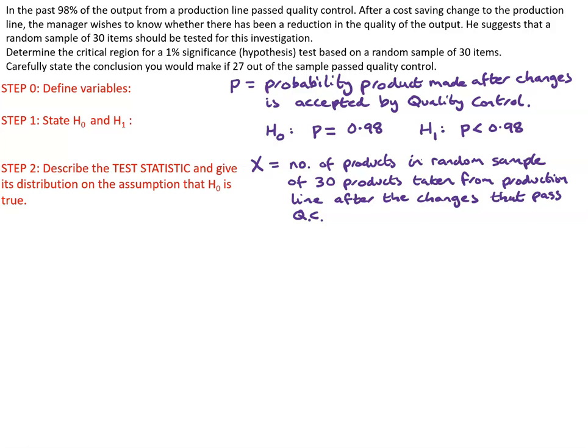If the null hypothesis is true, then X will be binomial with n equals 30 and P equals 0.98. There are some underlying assumptions there that the sample that we're taking is a proper random sample.